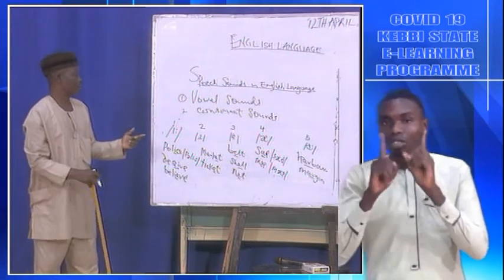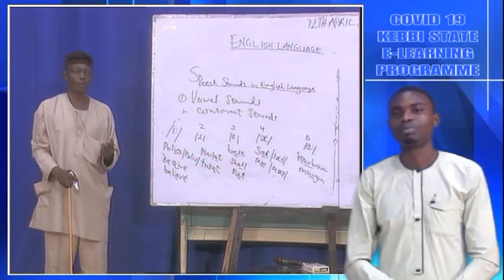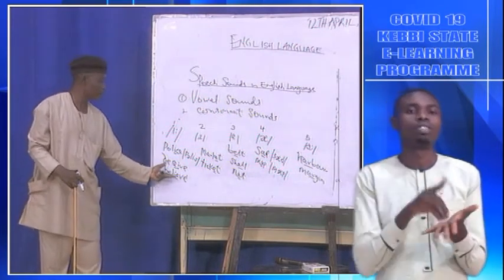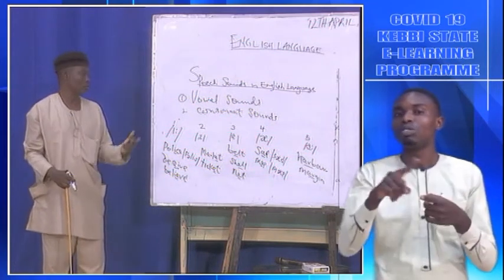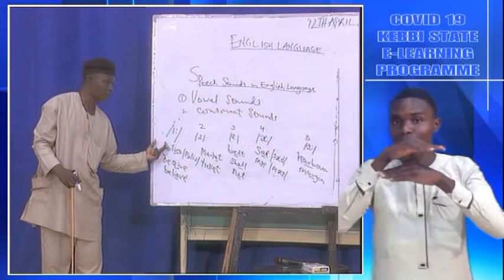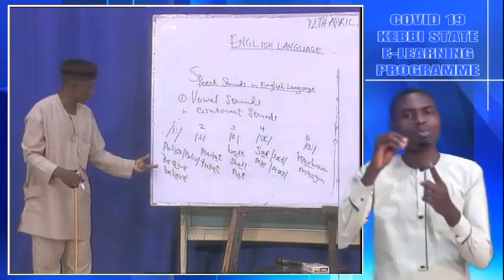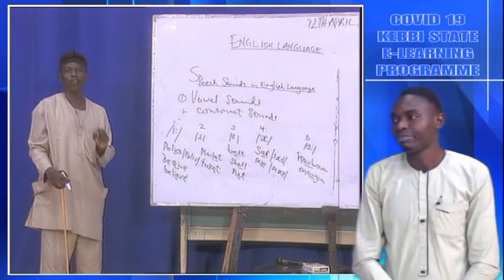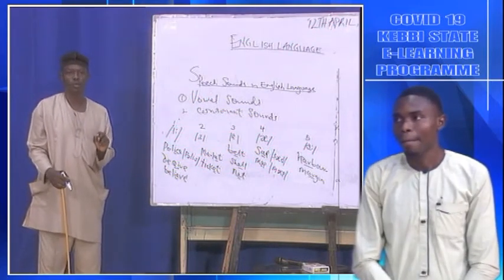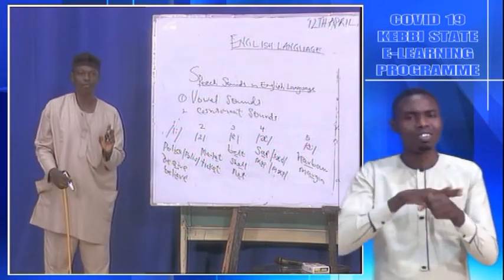So, as I've told you, endeavor to get a very good dictionary. And the examples given to you are very limited. I will advise you, for each of these 5 vowel sounds learned today, make sure you get at least 20 examples for vowel number 1. You have enough time to do what? To study. Then vowel number 2, 20 examples.